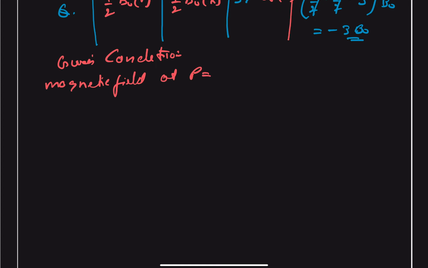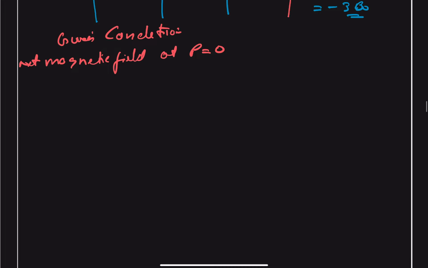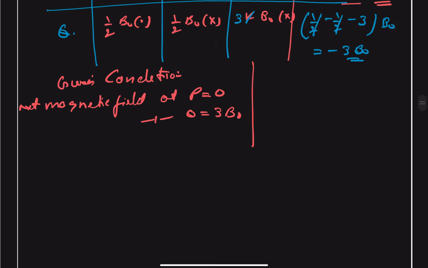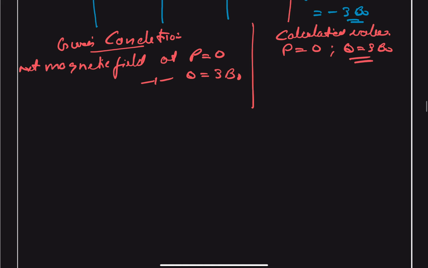The net magnetic field at Q should be equal to 3 B naught, and in the calculated values we have the magnetic field at P equal to 0, and at Q it comes as 3 times B naught. So it means our assumptions regarding the direction as well as the value of IC are correct.